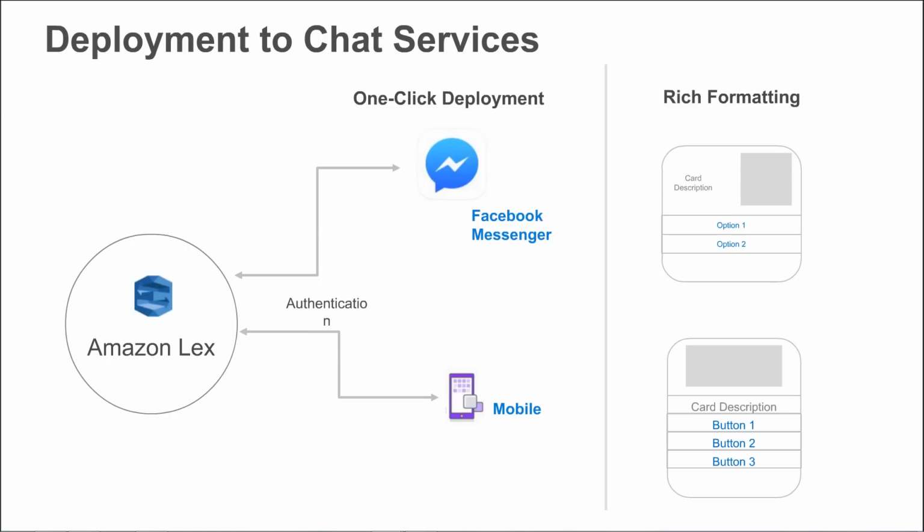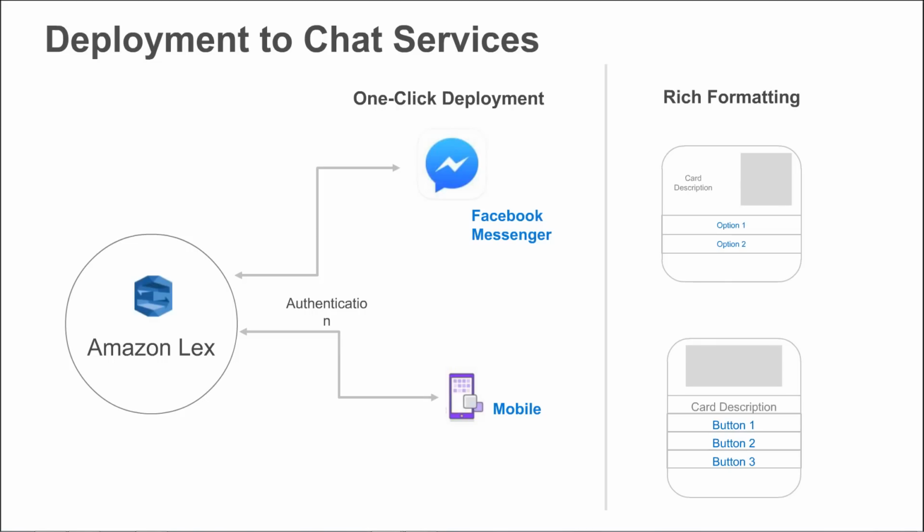We also have support for cards and rich formatting, so you're able to configure your card with the different buttons and the image, and we will take care of rendering your card on Facebook Messenger or Slack and generate the appropriate tags. For example, on Slack, if there's no support for image, then we'll only display the buttons, and so on.